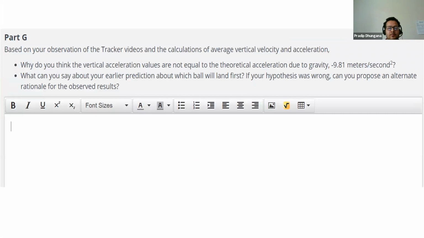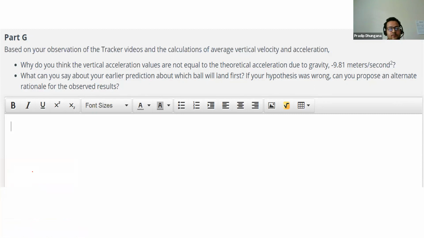So in your last part, part G, you have to explain why the vertical acceleration is different than the theoretical acceleration due to gravity, negative 9.81 meters per second squared. And another question is, what can you say about your earlier prediction? Which ball will land first? And if your hypothesis was wrong, can you propose an alternative rationale for the observed results?